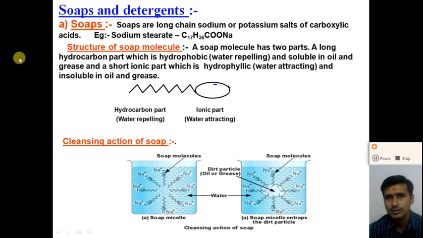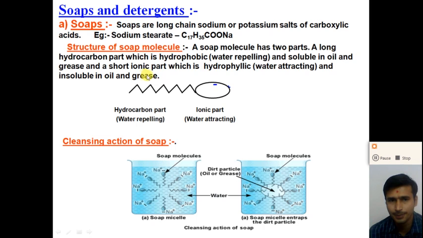A soap molecule has two parts. A long hydrocarbon part where carbon and hydrogen are connected, which is hydrophobic, water repelling, and soluble in oil and grease.